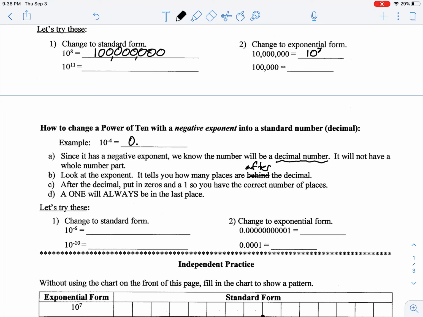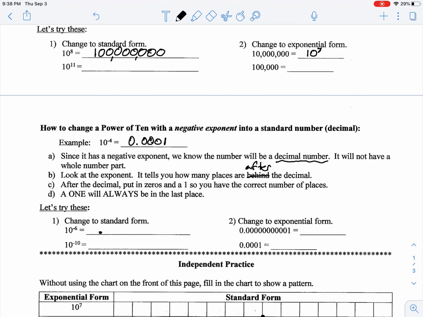Up here for 10 to the negative 4th, our decimal places would be 1, 2, 3, and 4 altogether, so that last one will be our 1. 10 to the negative 4th is 0.0001. So the 1 will always be on the last place, and that will be the place of the exponent that we have.